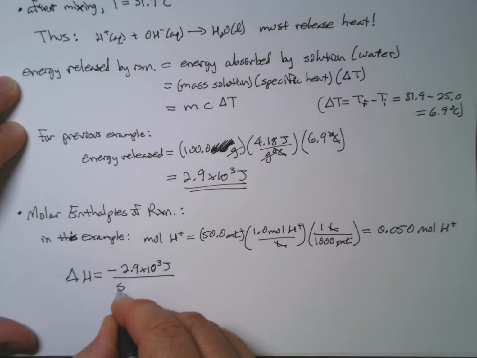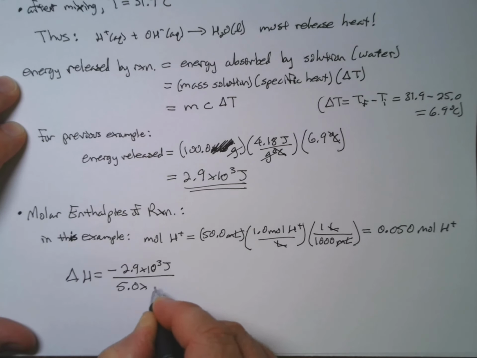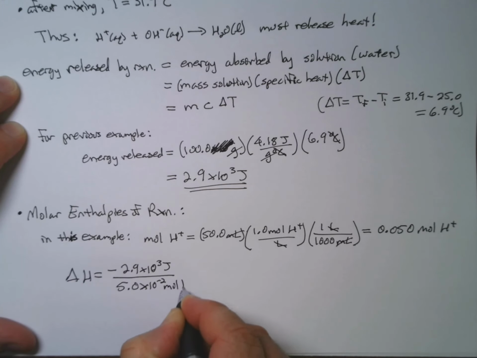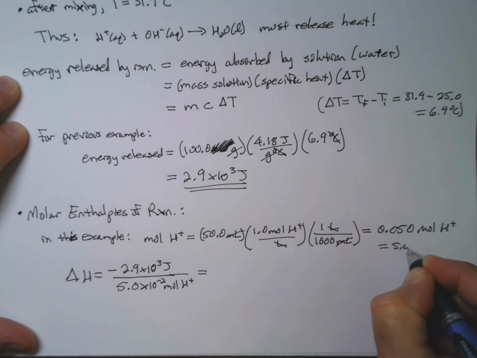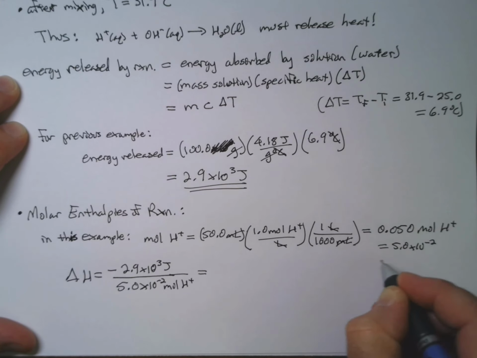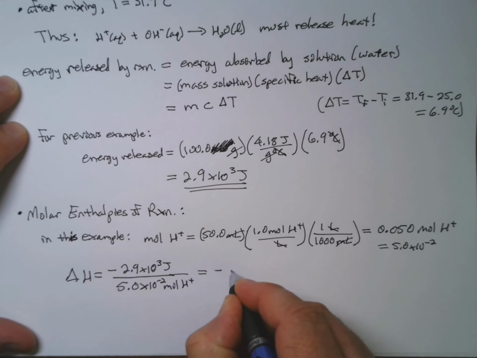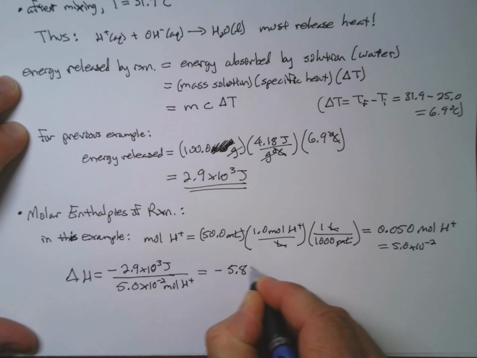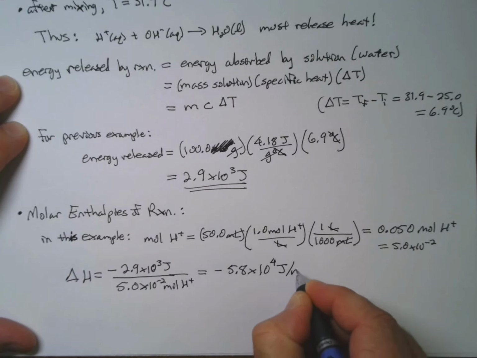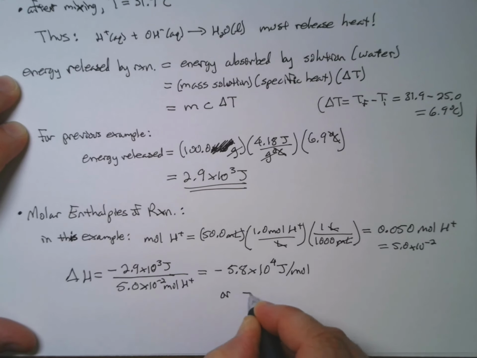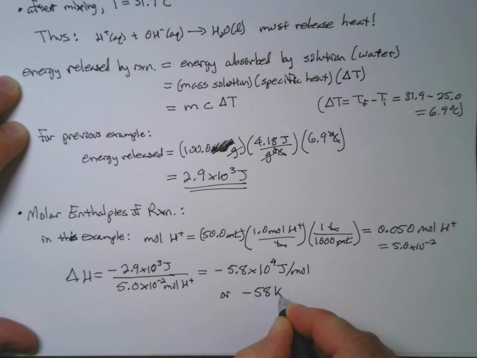We'll divide that by 5.0 times 10 to the minus 2 moles H+. I just happen to write that in scientific notation. And that ends up equaling minus 5.8 times 10 to the 4th joules per mole, or minus 58 kilojoules per mole.